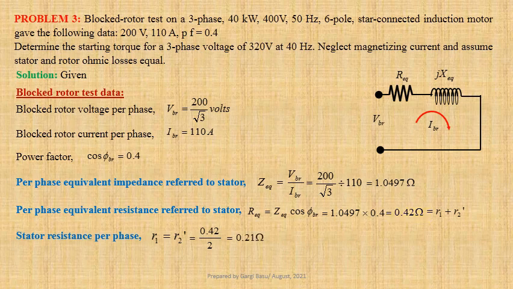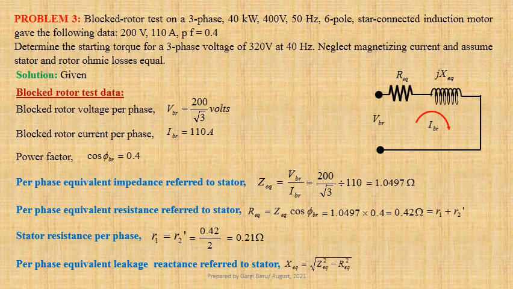Let us now determine per phase equivalent leakage reactance referred to stator. XEQ equals root over ZEQ square minus REQ square. Using values we get root over 1.0497 square minus 0.42 square, that gives us 0.962 ohm.